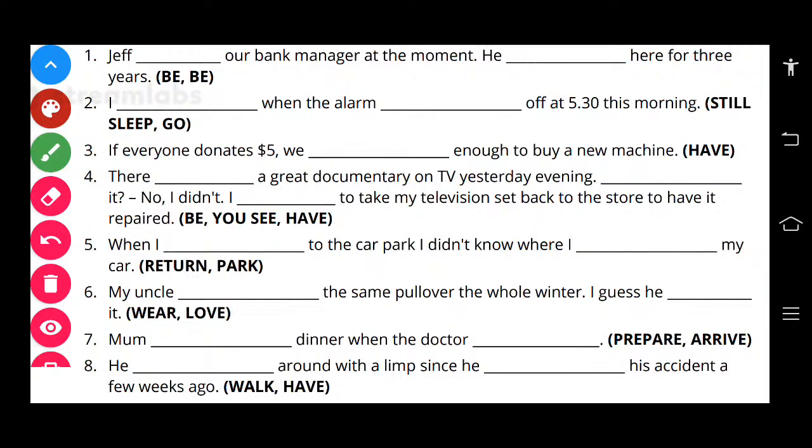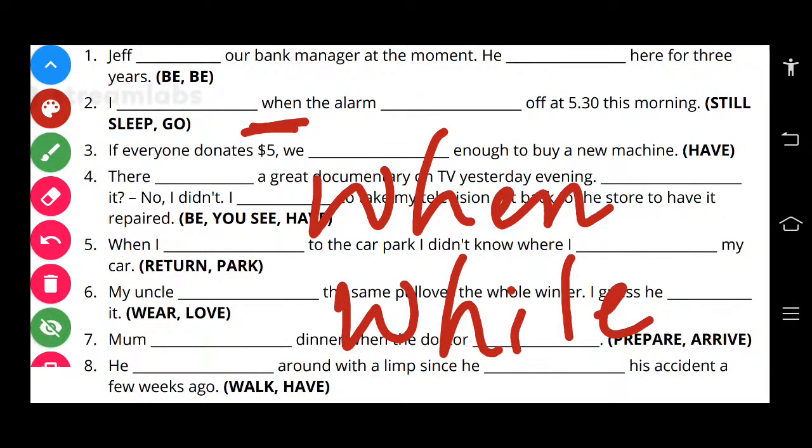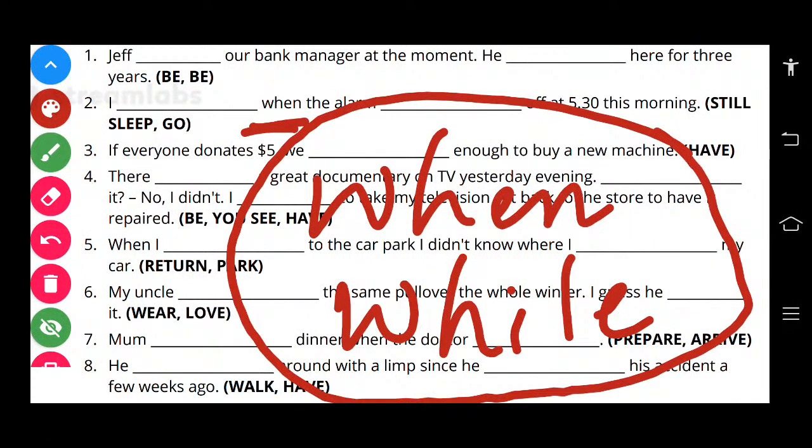Just you have to think of this. You have to look at the sentence here: when. So when we come across sentences with when and while, when and while are subordinate conjunctions. We use subordinate conjunctions to join a dependent clause to the independent clause.